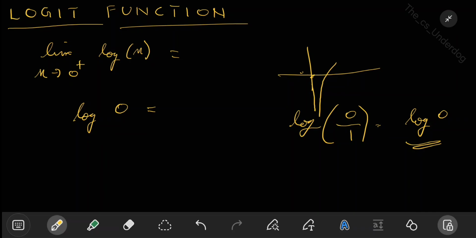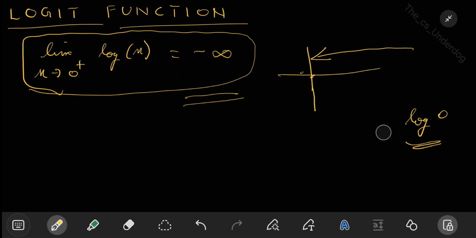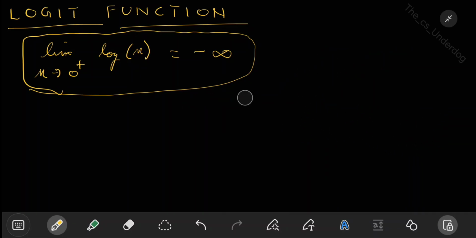But if you approach 0 from the positive side, you will see that the value of log x goes very large on the negative side. That is, it approaches minus infinity. Log 0 is not defined, but for values very close to 0 approached from the positive side, the value of log x approaches minus infinity. So you can imagine log 0 as somewhere near minus infinity, a very large negative number. Otherwise, the exact value of log 0 is undefined.